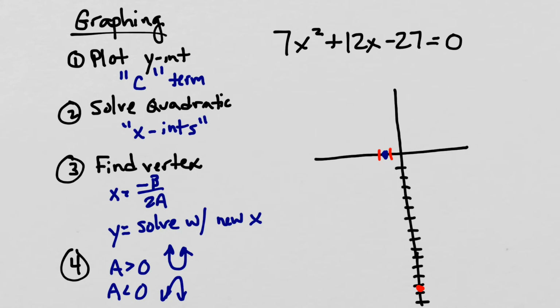And then 9/7. 9/7 is a little bit greater than 1, so we're just going to approximate and put that one there. Okay. So again, our c term here was negative 27. Our x-intercepts were negative 3 and 9/7.